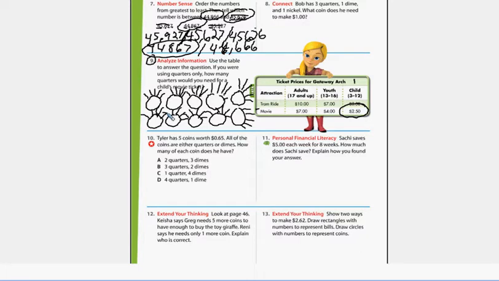So I just count by 5s until I get to 250. Let's see how good we are counting by 5s.